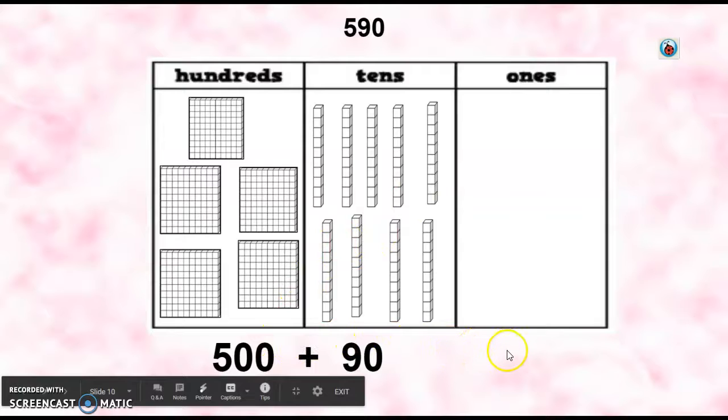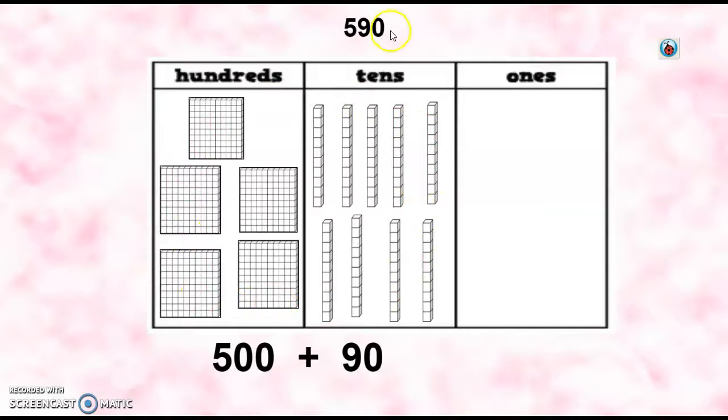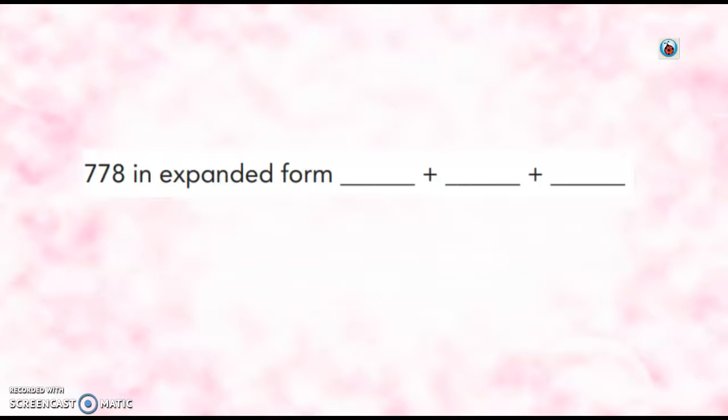You could put plus 0, but this is expanded. Expand means you pull it apart. Base 10, you draw it. Standard, you write it normally. And this is all to help you figure out place value.